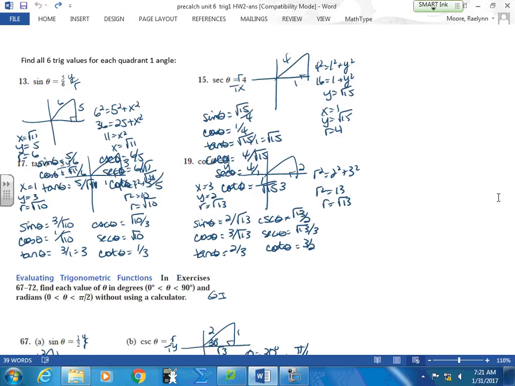It could be in the second one. Good, Danny. It could be in the second one, because sine is positive wherever y is positive. So quadrant 1 or quadrant 2, which would change not the value of the numbers itself, but the positives and negatives. Cosine would be negative over here. Tangent would be negative in quadrant 2. So it's going to narrow down. It's got to tell you where to put these.